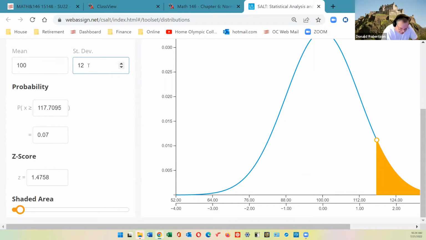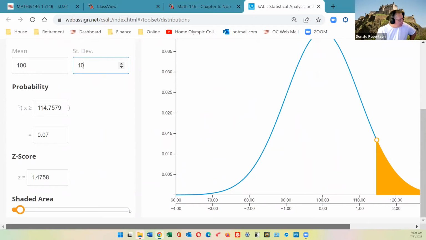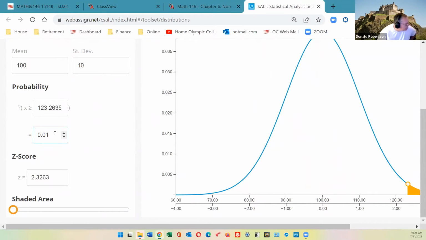A typical IQ test has a mean of 100 and a standard deviation of 10. And I would like to know what IQ I need to be in the top 1%, the Einsteins of this world. Well, all I do is I change that to 1%.